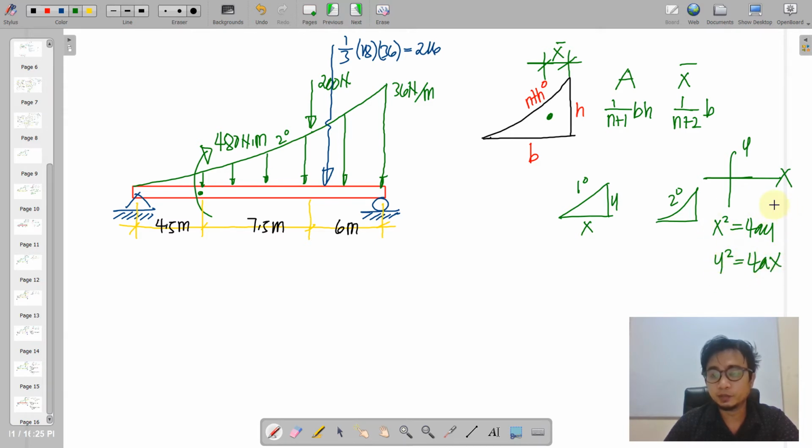Of course, these two are different in terms of the curving of the curve.